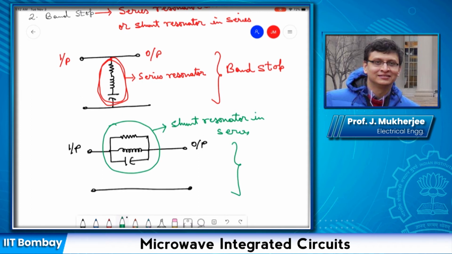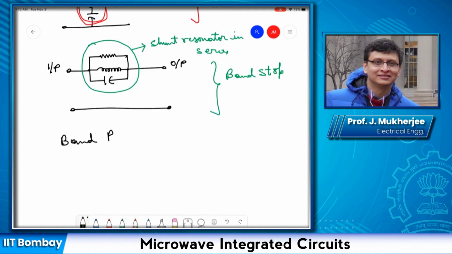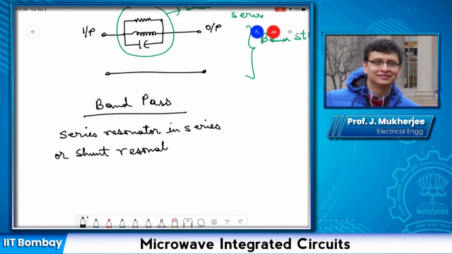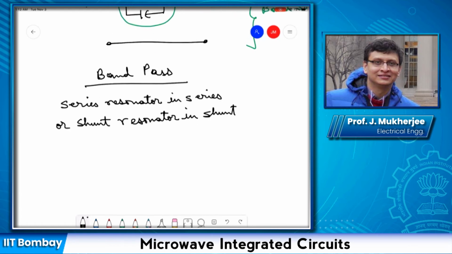For band pass, the converse. What is the converse? Series resonator in series or shunt resonator in shunt. So let us see, say this circuit.